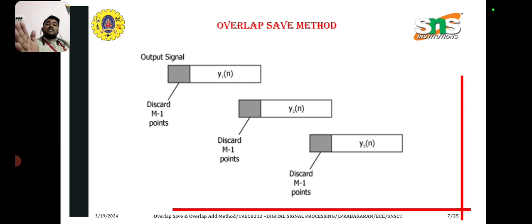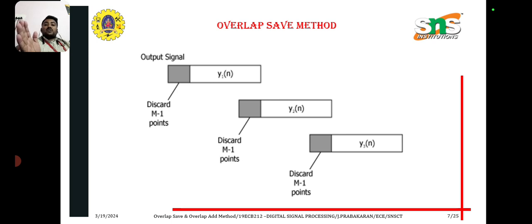Eliminate the first m minus 1 data from each respective output sequence: for x1 of n, y1 of n; for x2 of n, y2 of n; for x3 of n, y3 of n.